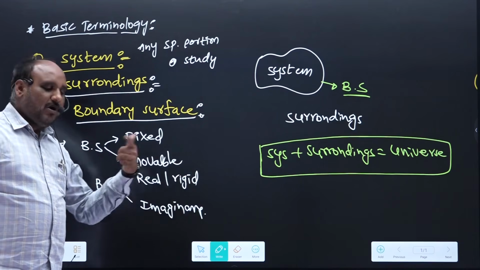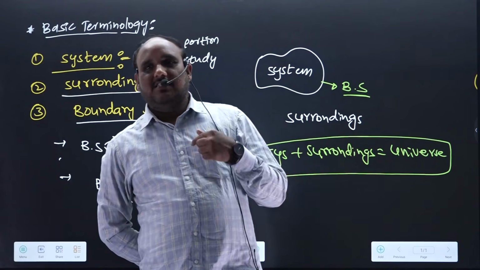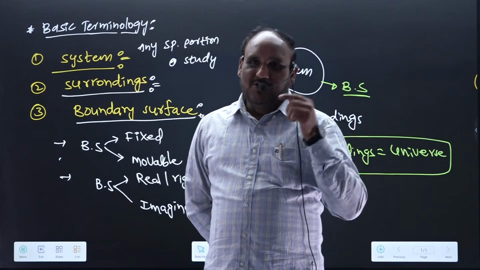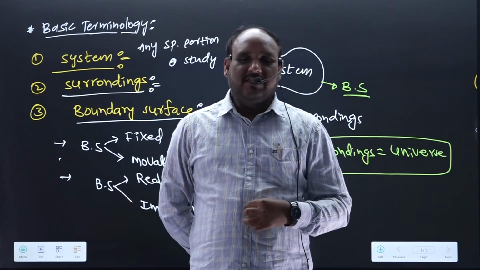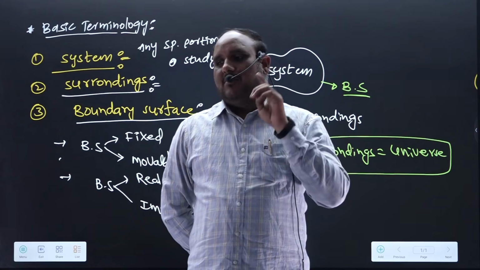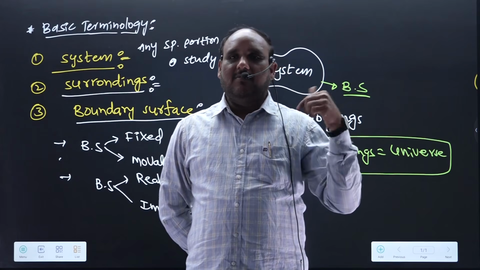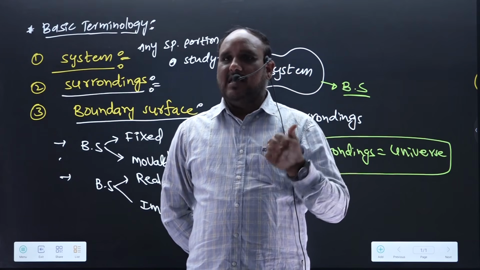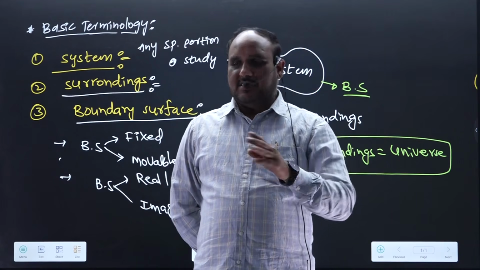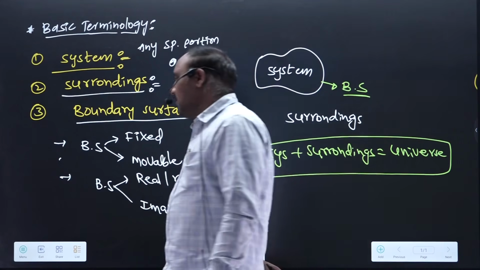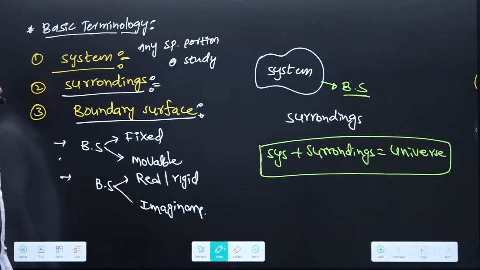For example, consider a cylinder with a weightless frictionless piston. We don't see the piston, but we assume there is a piston. This is applicable in a cylinder containing gas. The gas will move either upside or downside depending on the forces applied on that gas. Therefore that is an imaginary boundary surface, right?